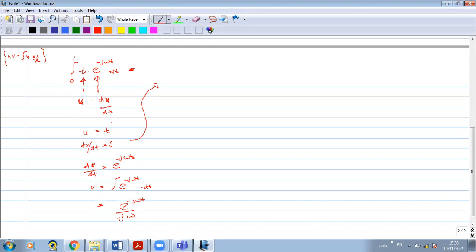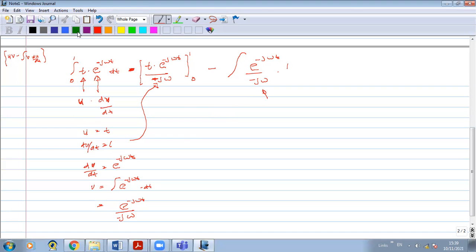So I will write uv, where u is t and v is e to the power minus j omega t over minus j omega, from 0 to 1, the lower limit and upper limit. And minus the integral of v, that is e to the power minus j omega t over minus j omega, times du by dt, that is 1. I think you can directly evaluate this integration.